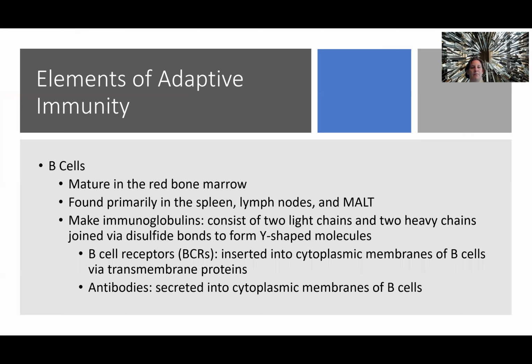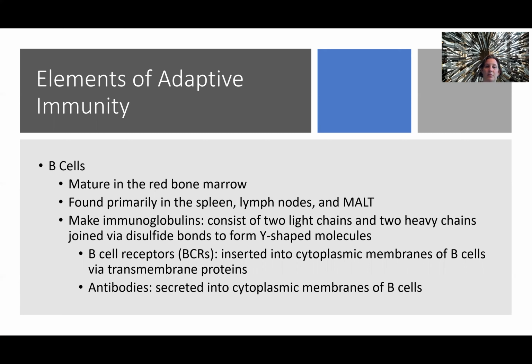And so we can have B cell receptors that actually insert an immunoglobulin into the cytoplasmic membrane, and immunoglobulins are the same thing as antibodies, everyone.